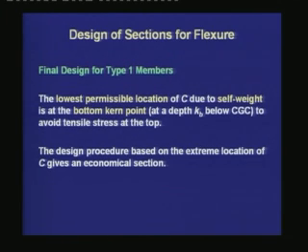Thus, the lowest permissible location of C due to self-weight is at the bottom kern point, which is at a depth kb below the CGC to avoid tensile stress at the top. The design procedure based on the extreme location of C gives an economical section.